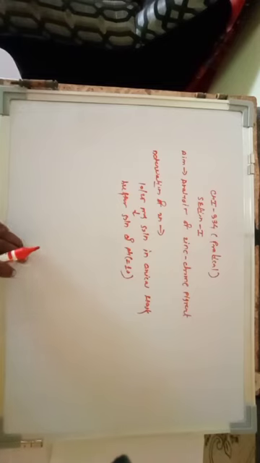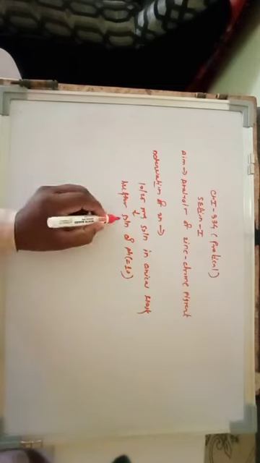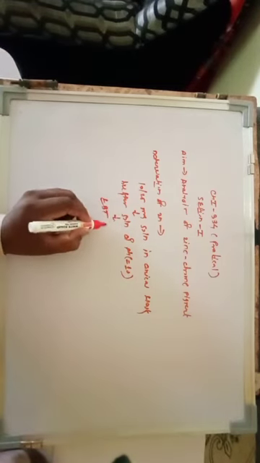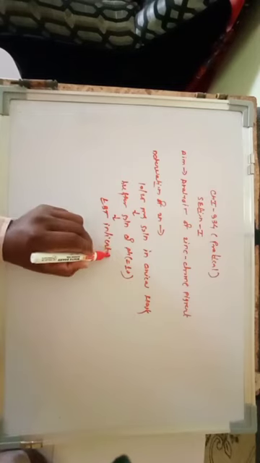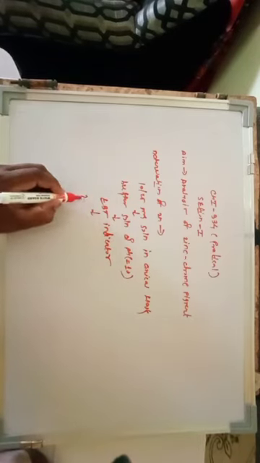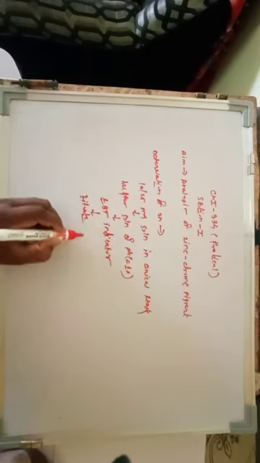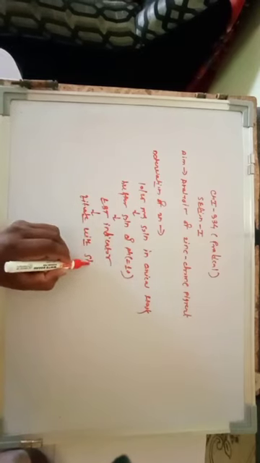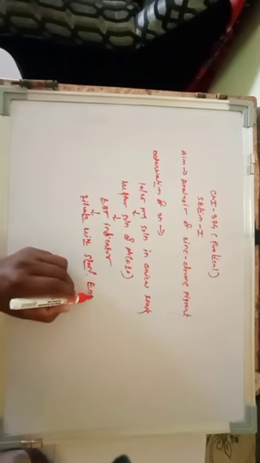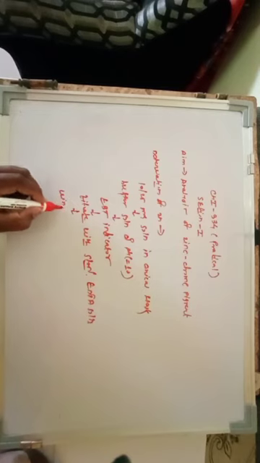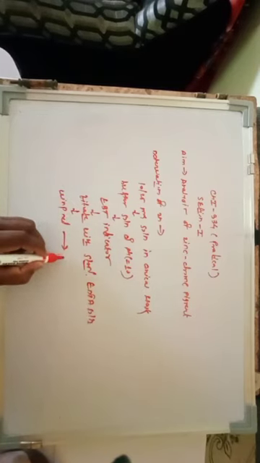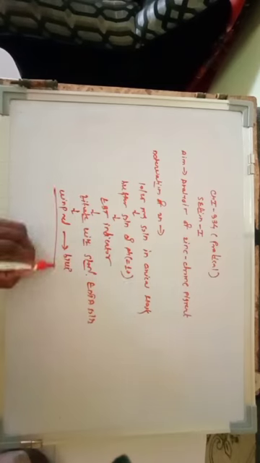You have to add EBT as an indicator for this complexometric titration. It will give a wine red color to the solution, and then you titrate with standard EDTA solution. The end point is when the wine red color changes to blue. So this is your end point.